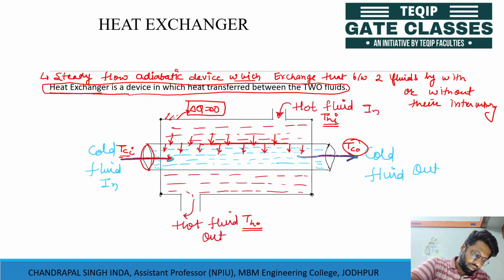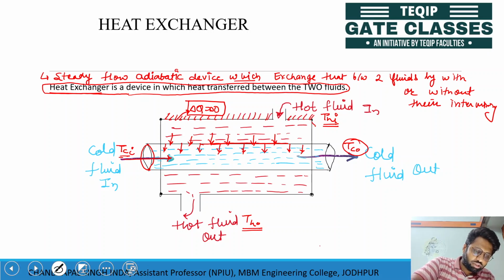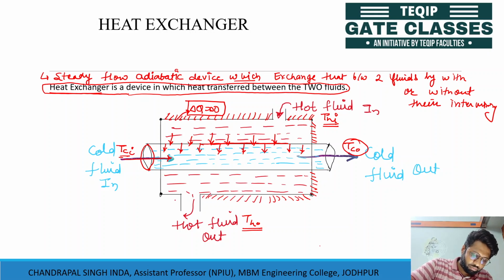It is an insulated device which does not transfer heat to the surroundings. And for the analysis, we are considering it as a steady flow, meaning the fluid flowing inside the heat exchanger is steady.